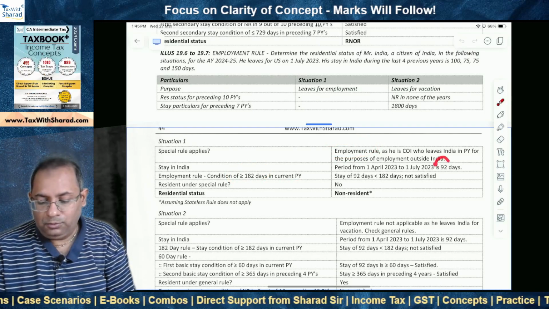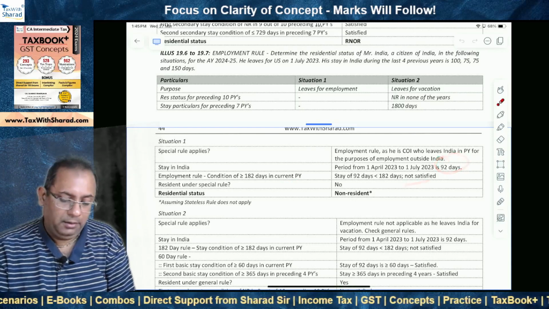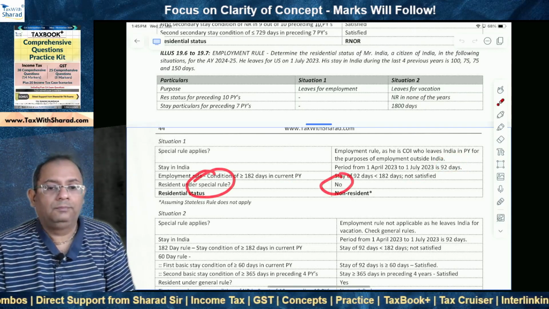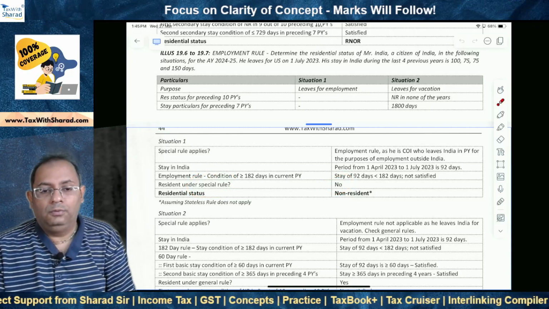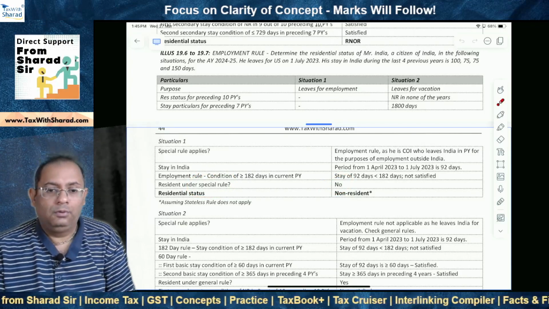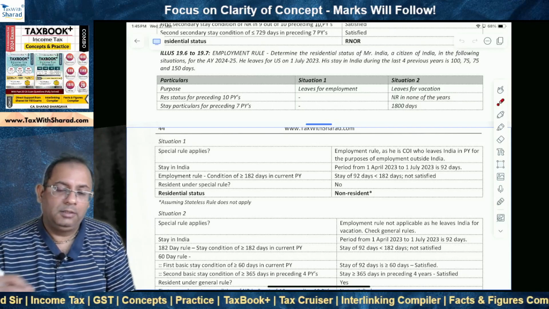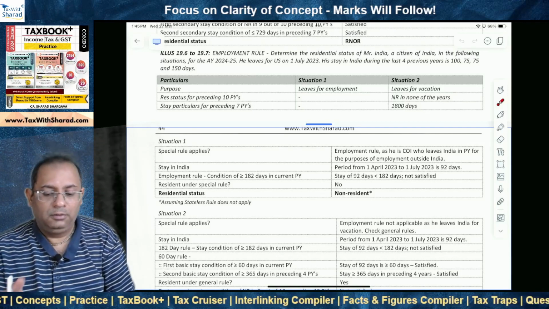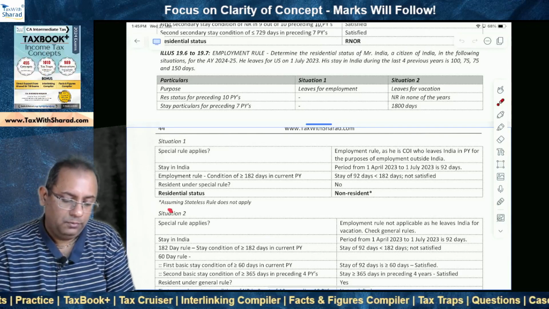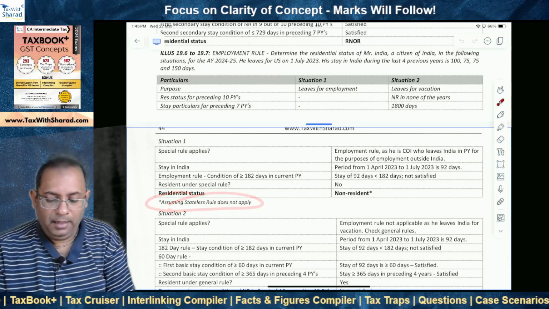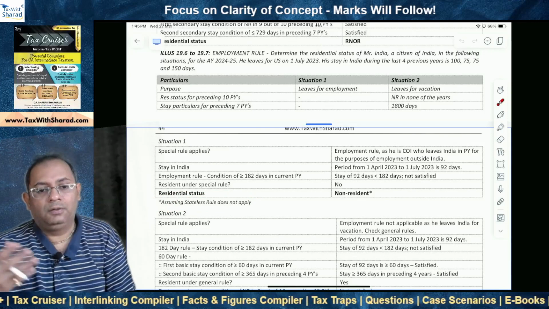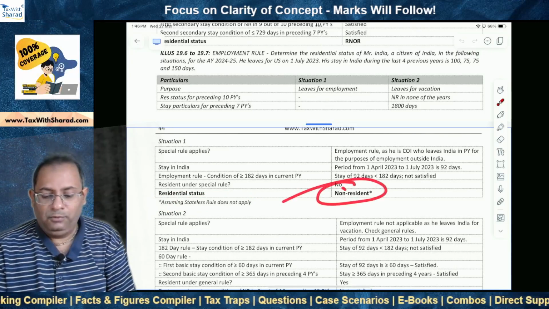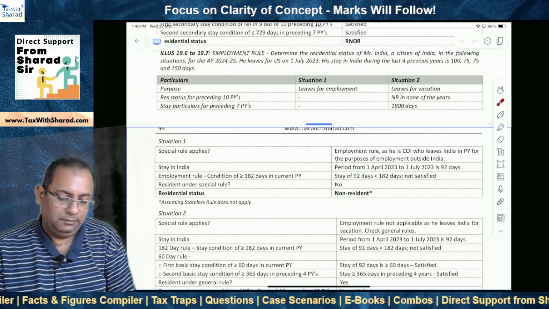And since the stay is only 92 days, this is not satisfied, and therefore, is Mr. India a resident under the special rule? No. So do we now need to go and check the general rule? No. So what do we need to do? We need to check the stateless rule, but adequate information regarding applicability of the stateless rule is not given in the question. So we need to assume that the stateless rule does not apply, and consequently, since he is not a resident under any of the rules, that means his residential status will be what? It will be a non-resident.